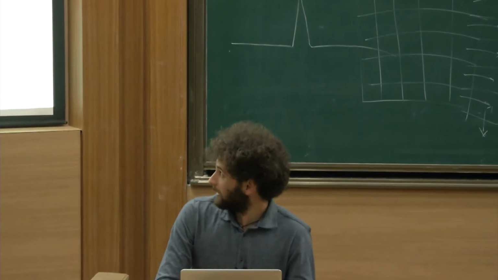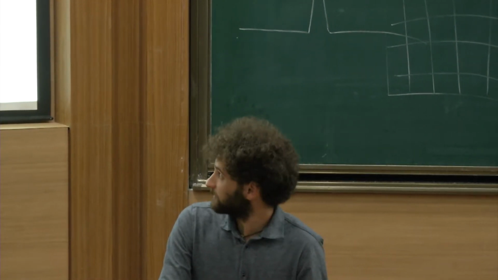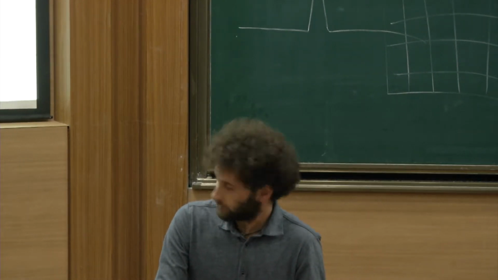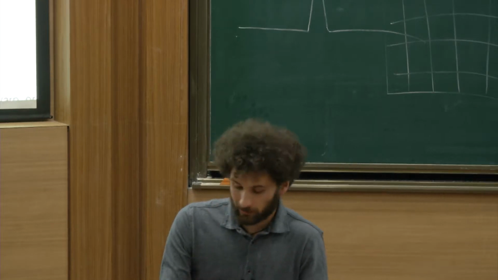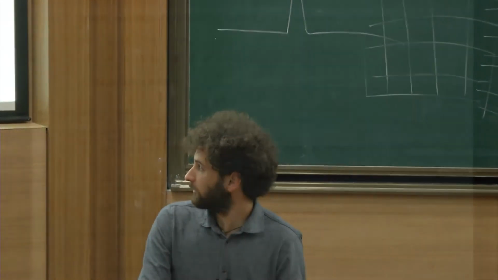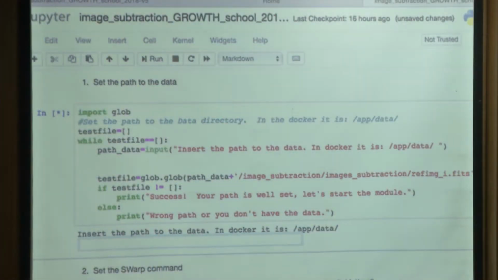First of all, let's set the commands. Hopefully things will work. If you run the first cell, you will be required to insert the path to the data. You should be quite familiar with it. It's the path used for the data all the time until now for the school.